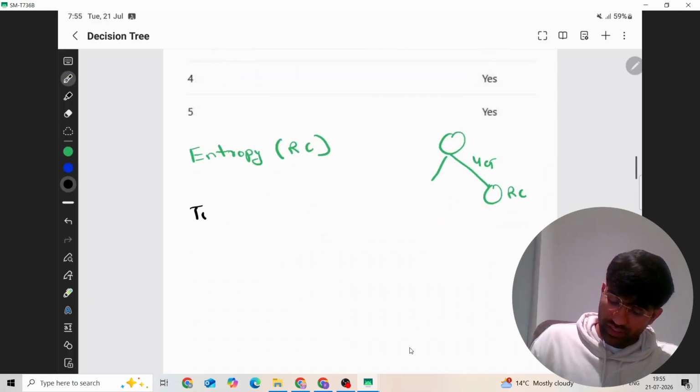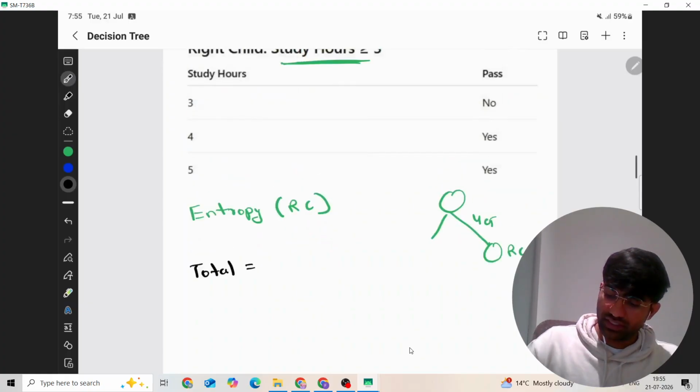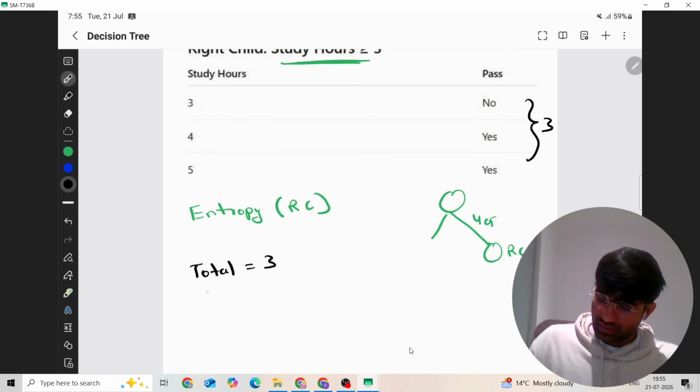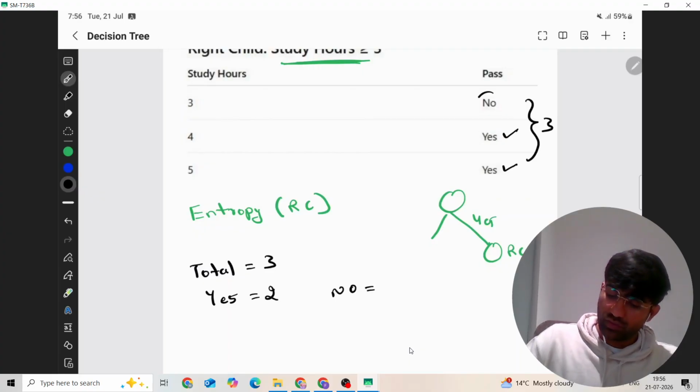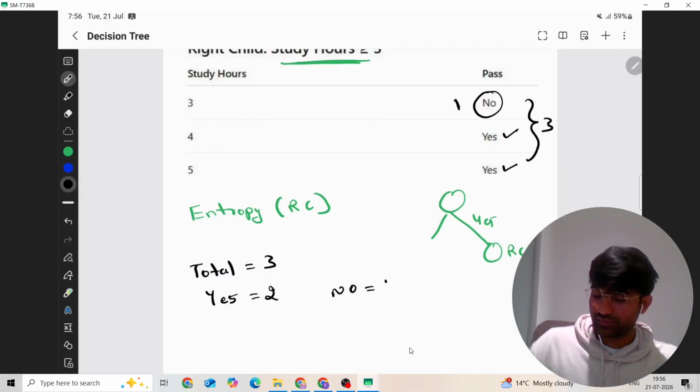Total, how many records do we have? Total we have 3 records. Pass records, yes records are 2. And no is 1 record.